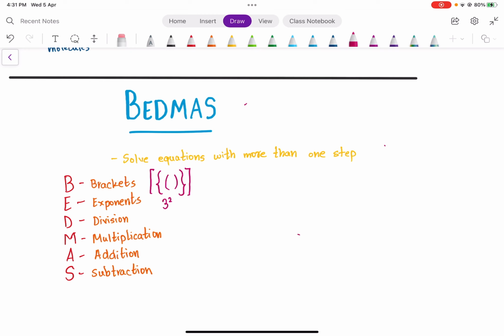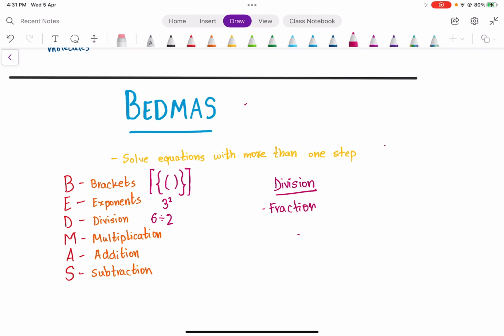Next is our division. Division, it's pretty common. You may have seen division a lot, but let's go over it. Let's say we have a number and we are dividing it by 2. So over here, 6 divided by 2. Now, division can also be interpreted as fractions.